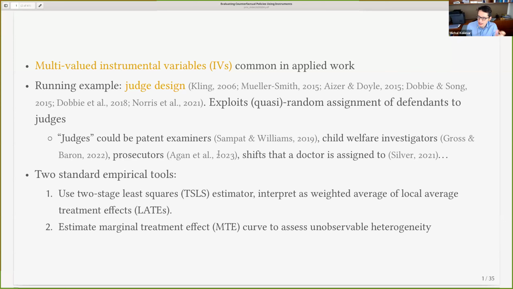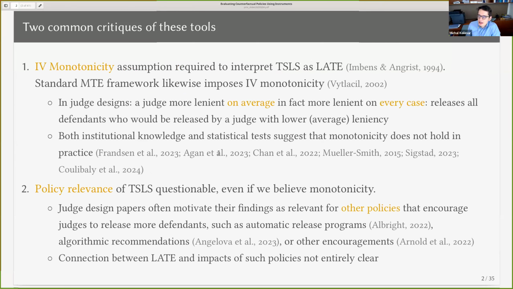Or sometimes, when they find heterogeneity, they also report something like the marginal treatment effect curve. But this approach has two problems. The first is that in order to interpret the two-stage least squares estimator as a weighted average of local average treatment effects, you need an IV monotonicity assumption.